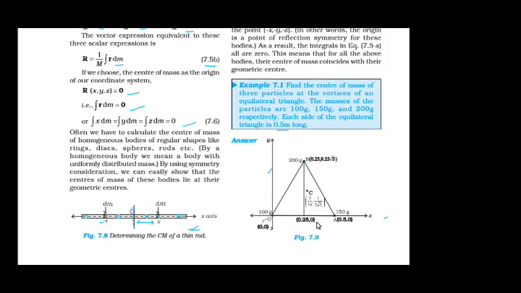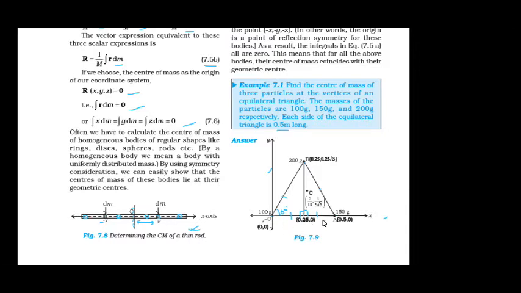Now since it is an equilateral triangle, all the angles are 60 degrees and all the sides are equal. If we draw a perpendicular here, then this side will be equal to this side, meaning this will be the midpoint.